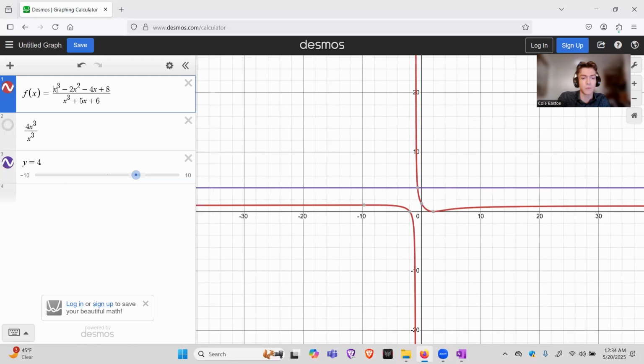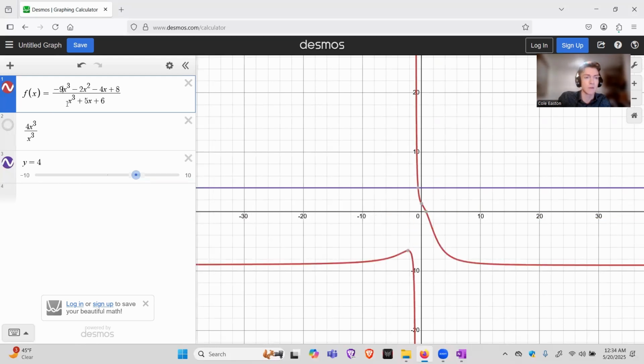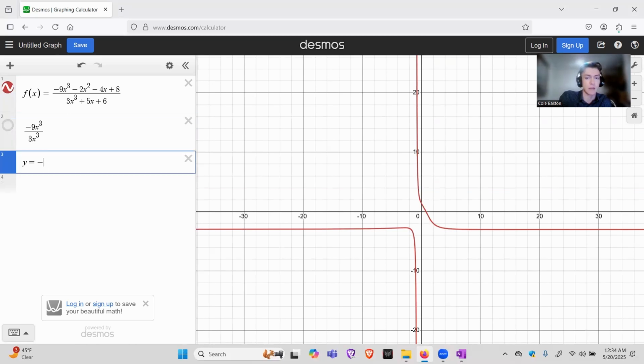What if in the top we had a negative, let's say -9, and the bottom we had 3? So that would be like having a -9 here, having a 3 in the bottom. And when we divide that, we're going to get -3, right?